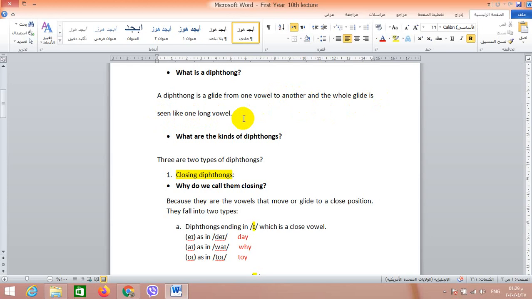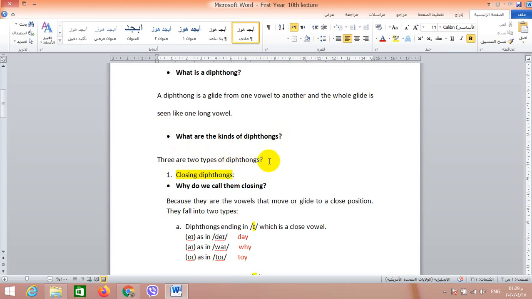It is one vowel at the end. It is considered as one vowel. So we have one movement from one vowel to another, but the whole movement, the whole glide is still seen as one vowel.